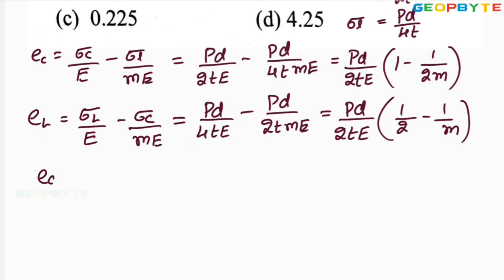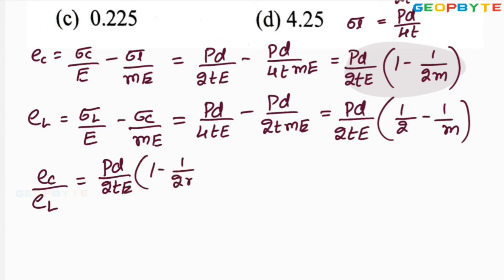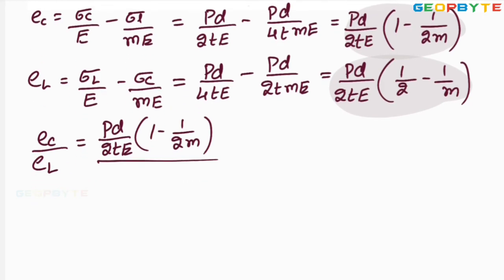Therefore, circumferential strain by longitudinal strain equal to, this is the circumferential strain, PD by 2TE into 1 minus 1 by 2m, and this is the longitudinal strain, PD by 2TE into 1 by 2 minus 1 by m.